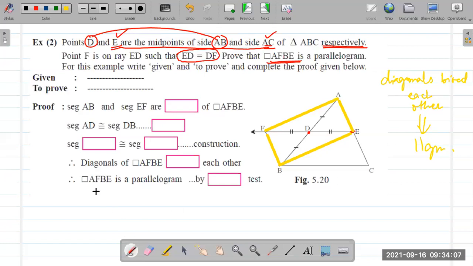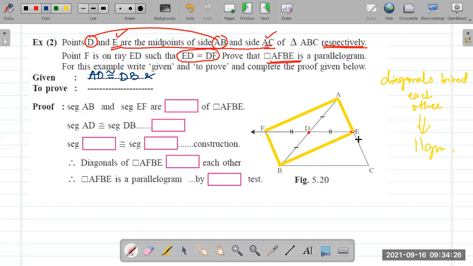Now let's write out the proof. What are we given in this case? We are given that D is the midpoint of AB. Therefore, AD is congruent to DB, and also E is the midpoint of AC.